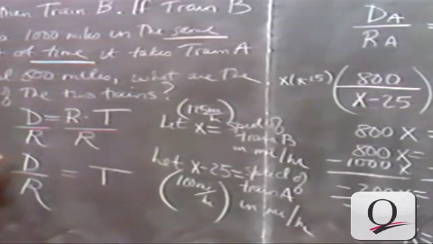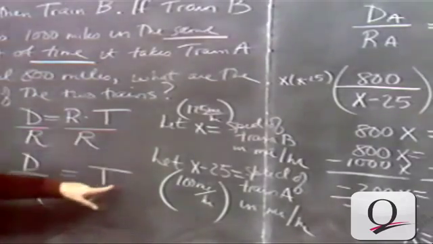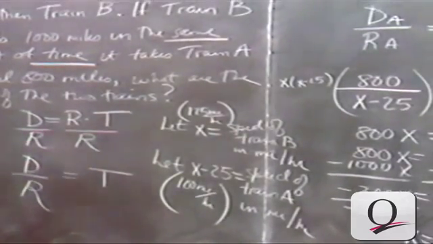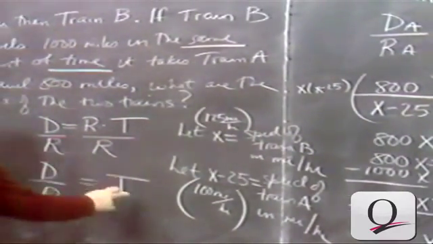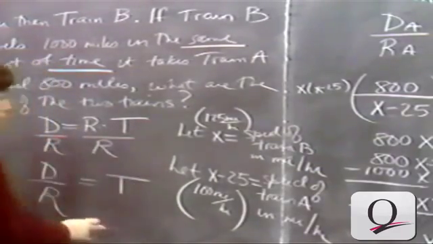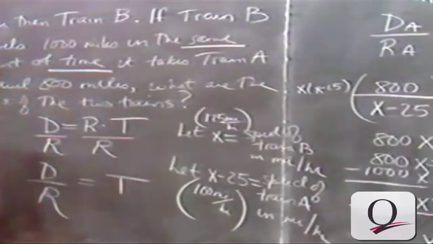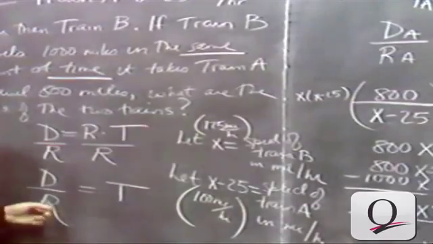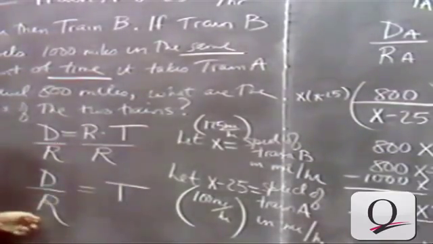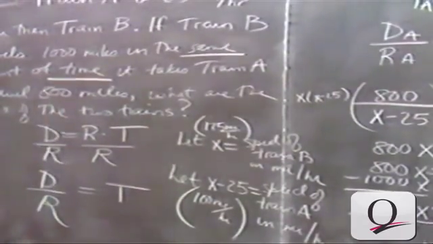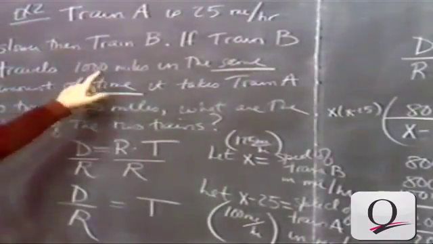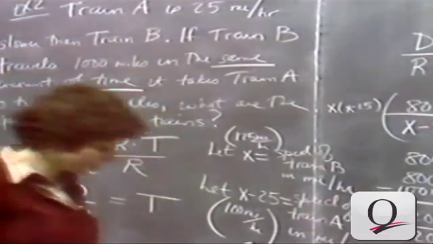Train A traveled 800 miles at the rate of 100 miles per hour, 8 hours. In the same 8 hours, train B, 8 hours times its rate of 125 miles per hour. When you multiply that, you get the 1,000 miles that train B was traveling. So the answers are correct.